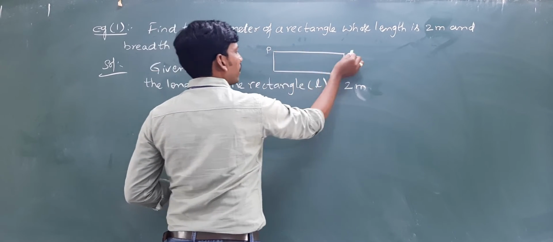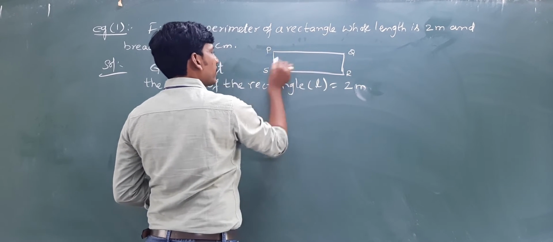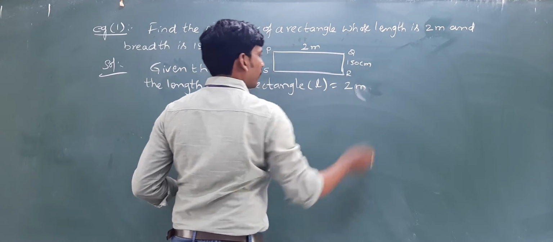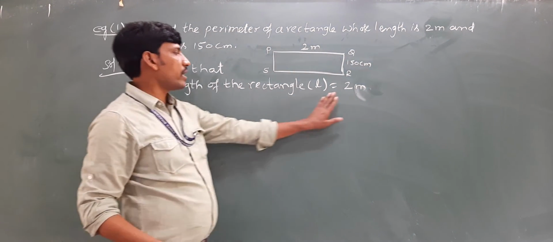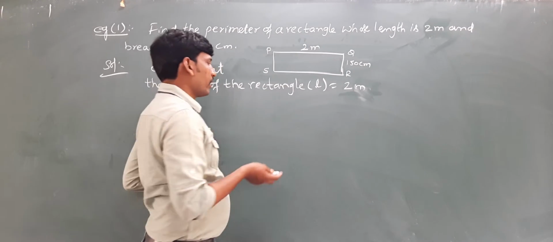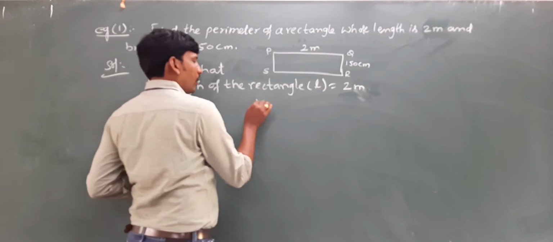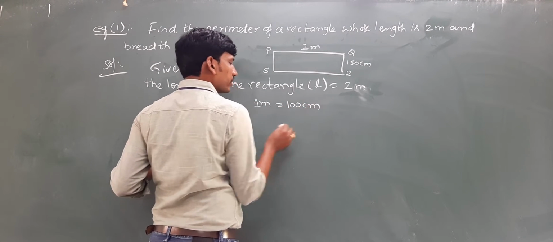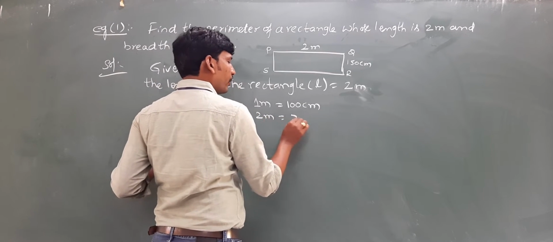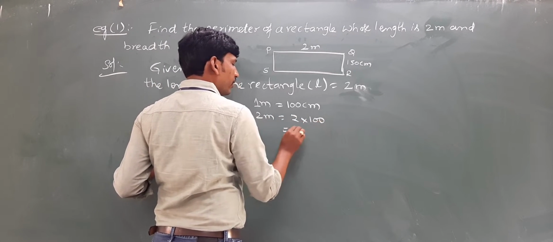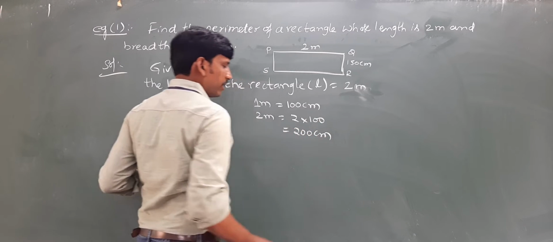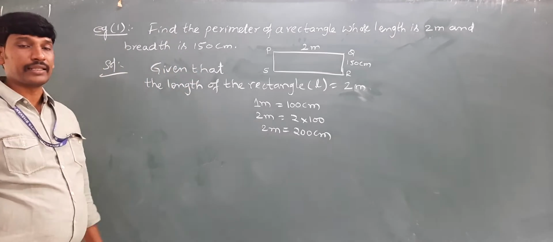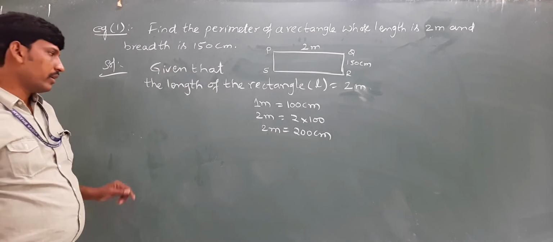This is P, Q, R, S. This is 2 meters and this is 150 centimeters. Clear? Now I need to change this 2 meters into centimeters. You know that 1 meter is equal to 100 centimeters. Then 2 meters is equal to 2 into 100, which is equal to 200 centimeters. So here 2 meters equals 200 centimeters. That is the length of the given rectangle.